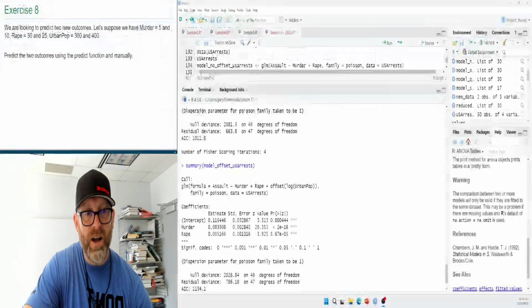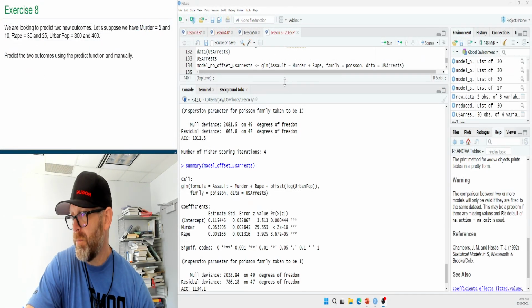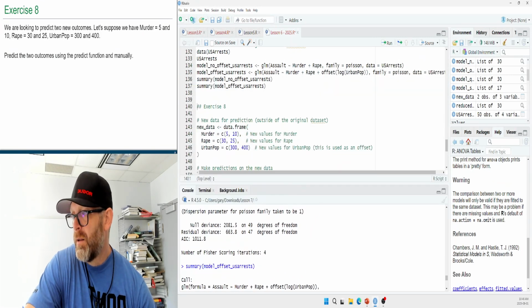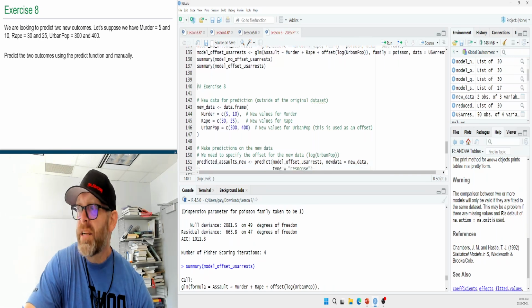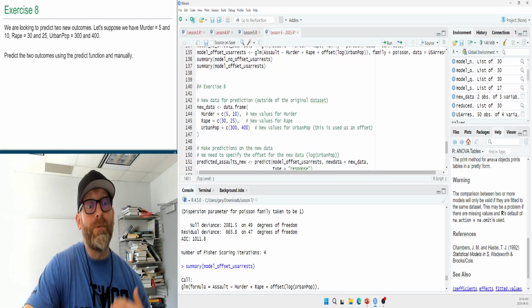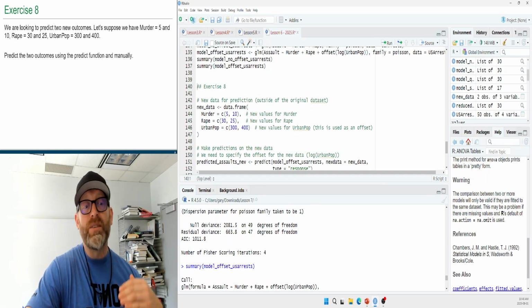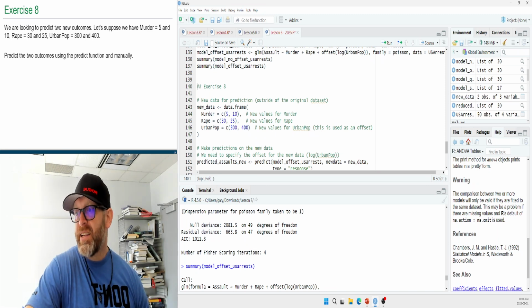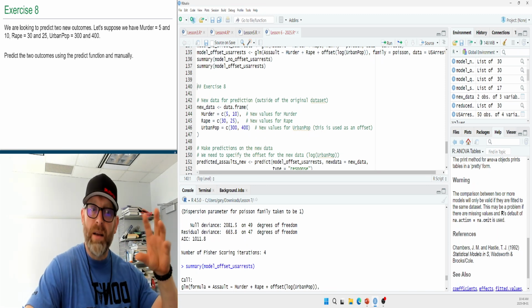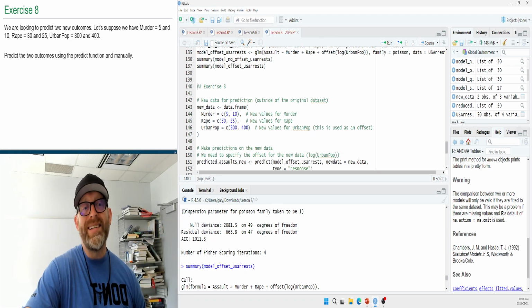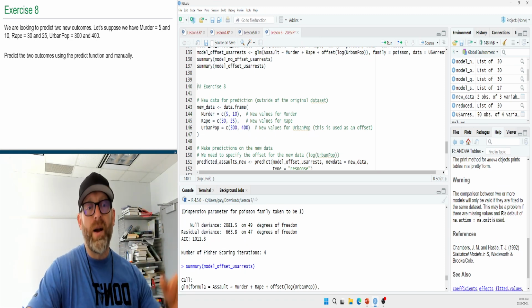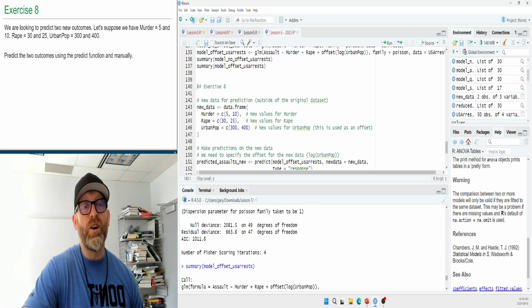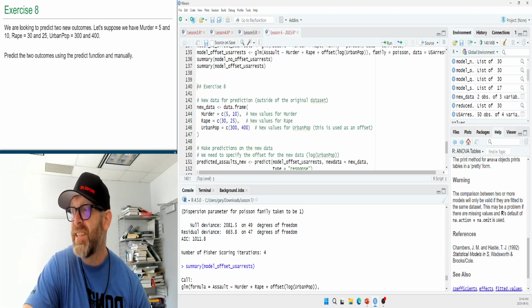All right, jumping back over to R. Using the predict function, remember, I need to create a data frame where each row of that data frame is the entries for my model. My model is assaults explained by murder and rape, so I need information for murder and rape, but I also need an urban population because I'm doing an offset here.